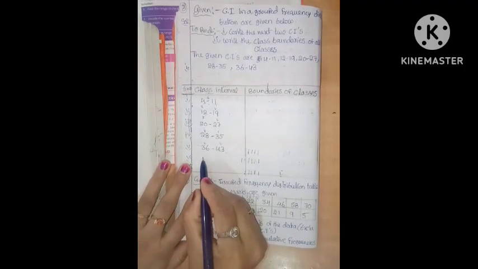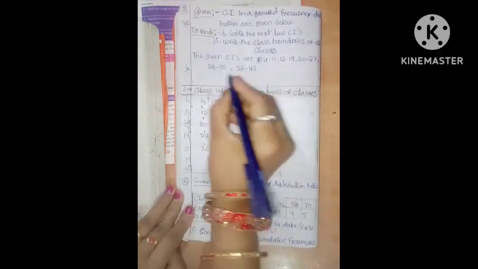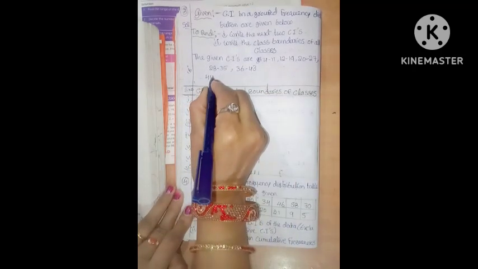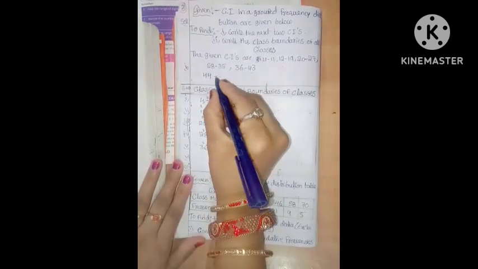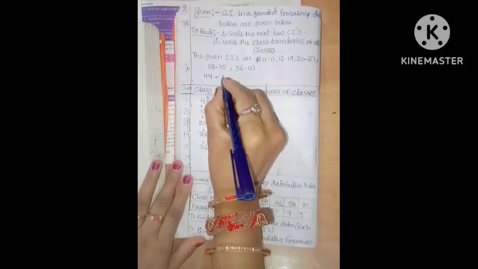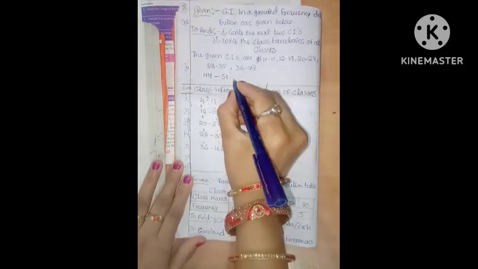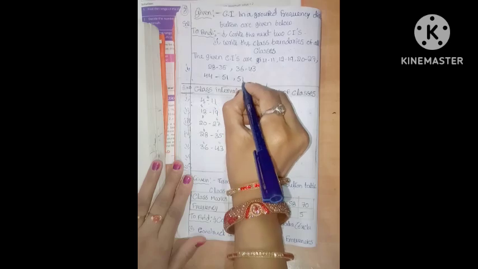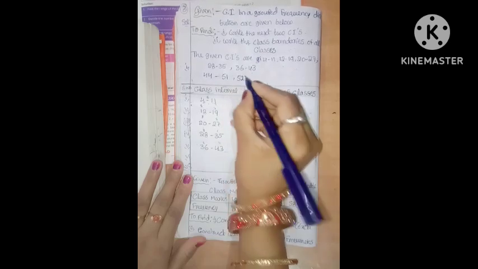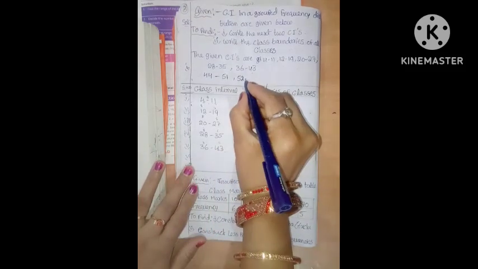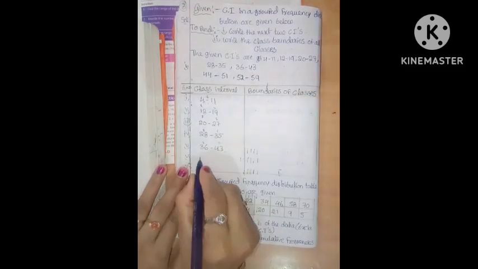Next, write the next class interval. 43 is over. Next 44. 44 to 8 means 51. Next class interval 51 to next 52, not 51. This is 52 to 59. Okay, I am writing it here.